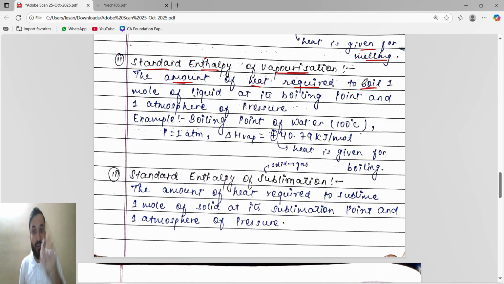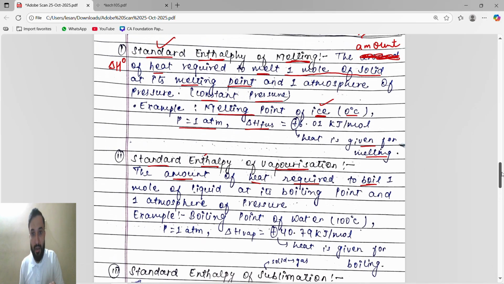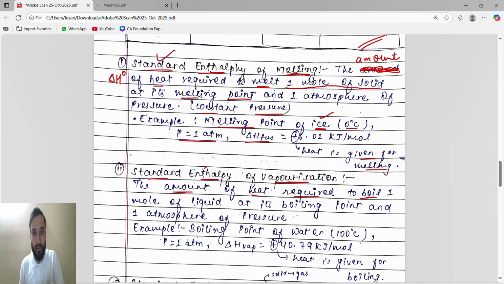So amount of heat required to boil, just as for melting it was the amount of heat required to melt. And standard means what will we take? 1 mole of what will we boil? Liquid. 1 mole of liquid at its boiling point, and 1 atm, again at constant pressure.